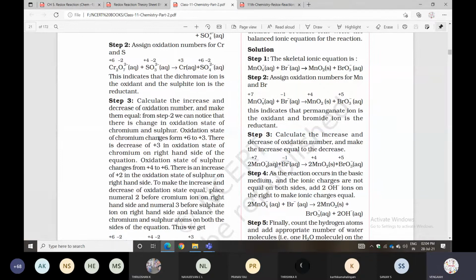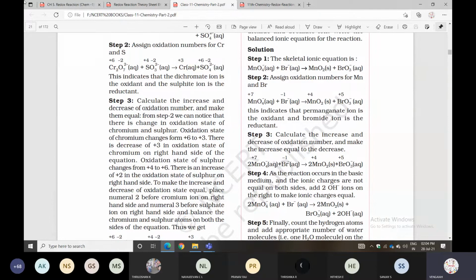Next one is minus 1 to plus 5. Plus 7 to plus 4, a difference of 3 will be there. Minus 1 to plus 5, a difference of 6 will be there.